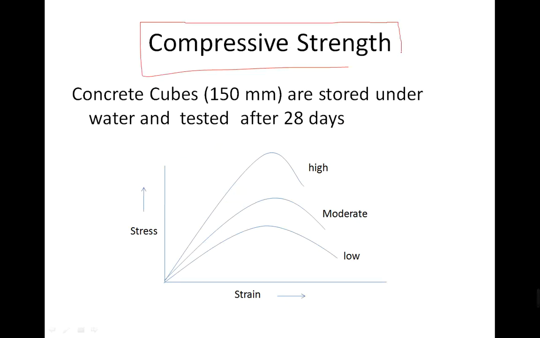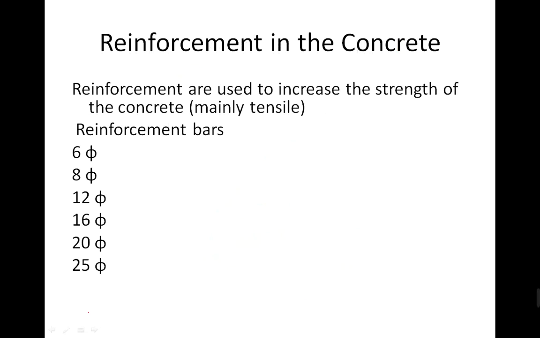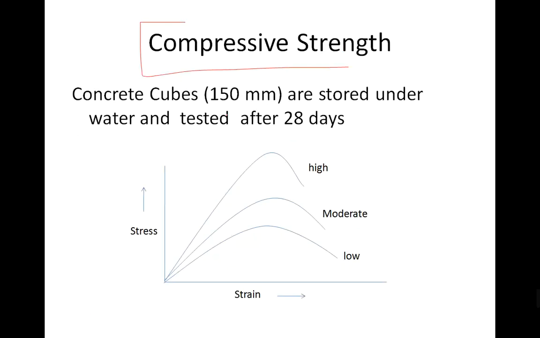Now as a designer, when you use the material in a structure, you have to know the strength of the material. In concrete, the compressive strength is computed because the concrete is strong in compression.